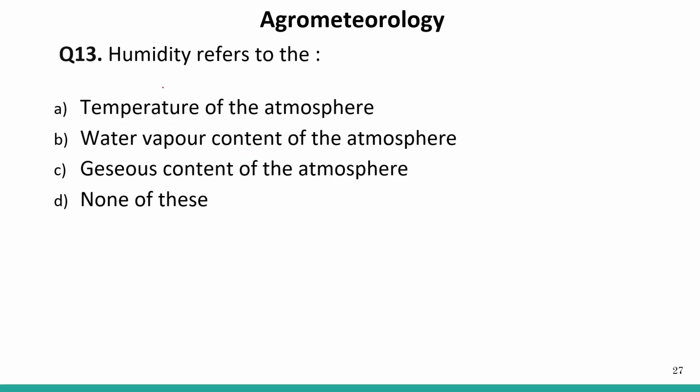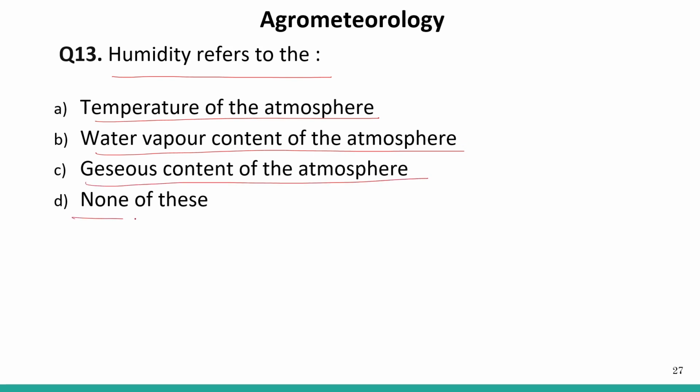Next question. Humidity refers to temperature of the atmosphere, water vapor content of the atmosphere, gaseous content of the atmosphere, or none of these. So what we see is that temperature of the atmosphere is one of the phenomena of the atmosphere. Water vapor, what is water vapor?